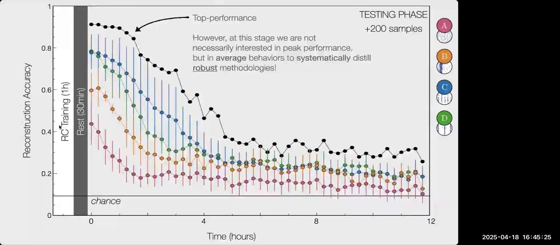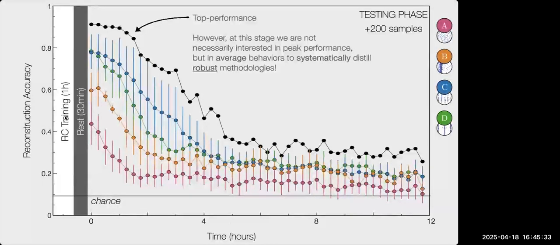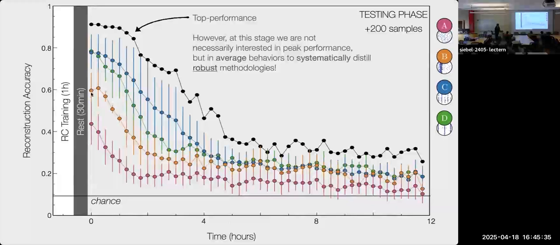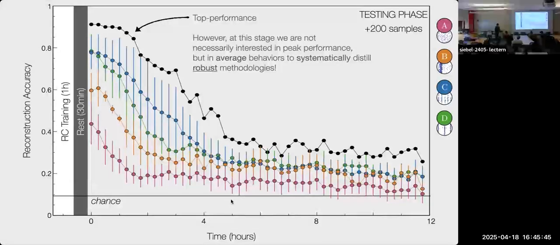Yeah, so this is all the test results after the training. Each of these dots is about 3 minutes of testing with the random sequence after this amount of rest. And then we are still assessing if the learned model is still valid for recognizing the patterns.